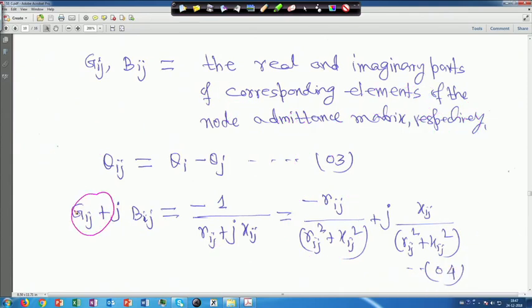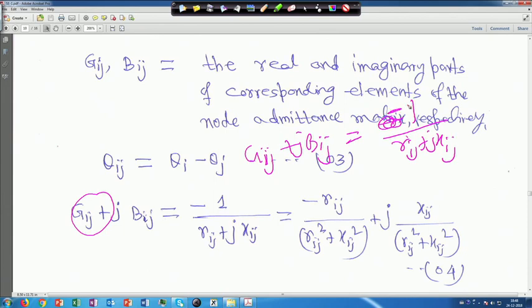In that case we write G_ij + jB_ij equal to minus 1 upon R_ij + jX_ij. If you write like this and keep it minus, it does not matter.